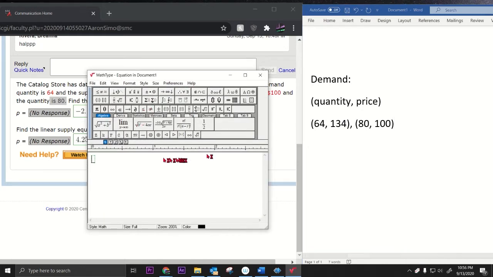Let's create a fraction. m equals 134 minus 100, divided by 64 minus 80. You're going to get a negative slope here. So it's 34 over negative 16. We'll put a negative up front.